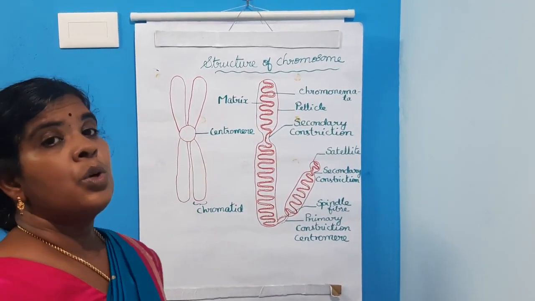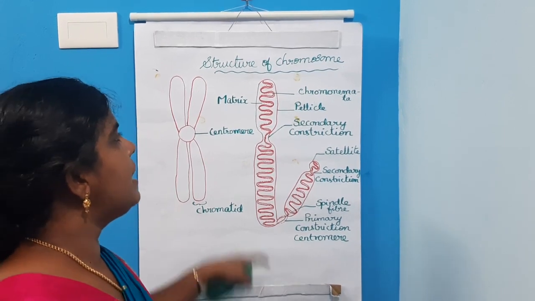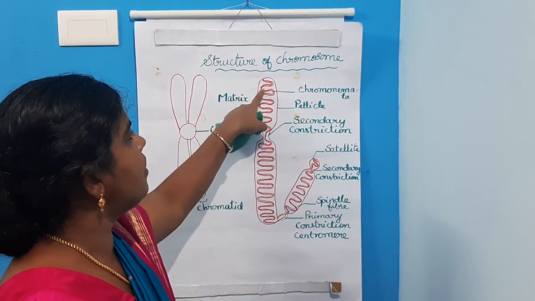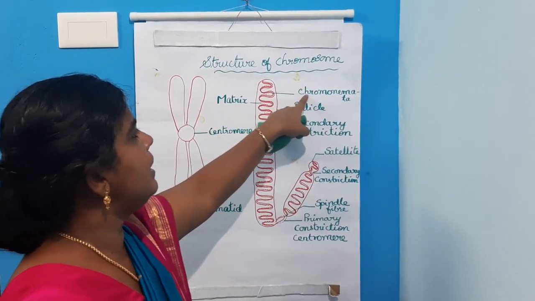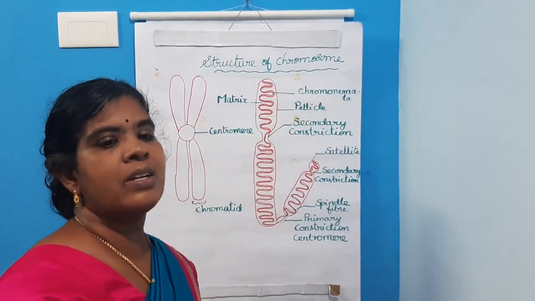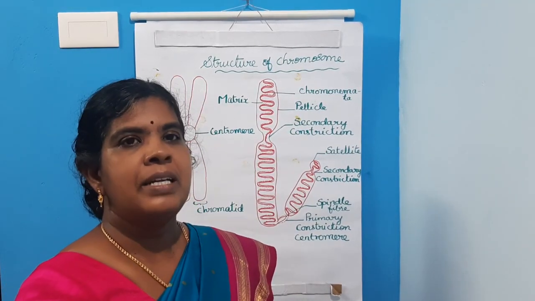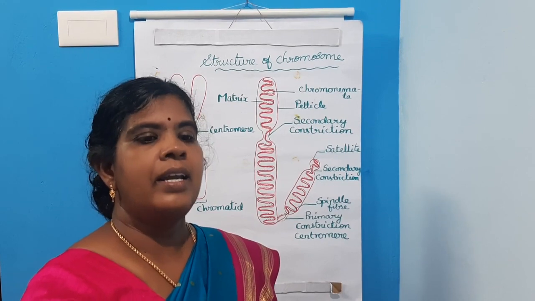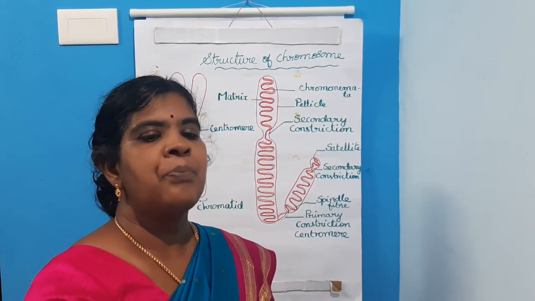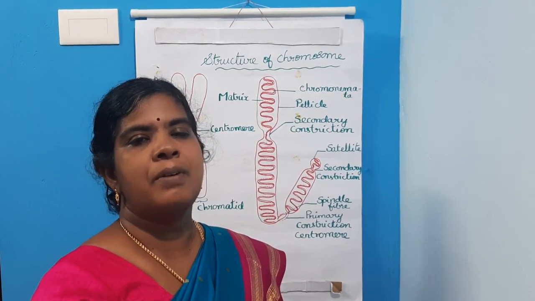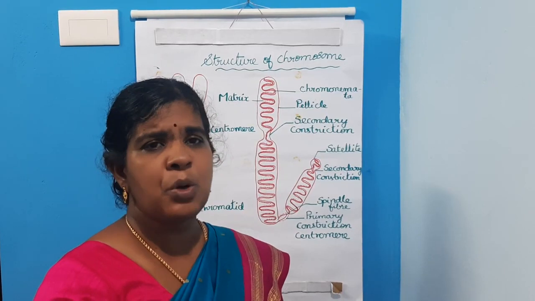The chromonema has a number of bead-like structures called chromonemata. Chromosomes are made up of DNA, RNA, proteins and metallic ions. These proteins provide the structural support to the chromosome.